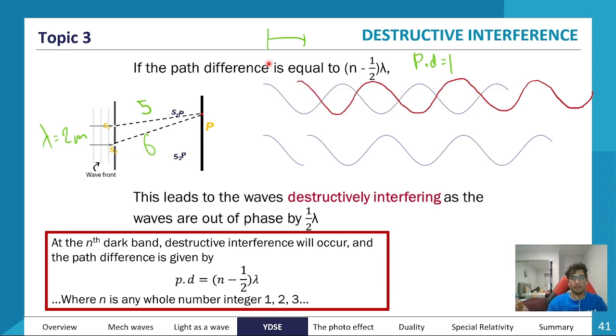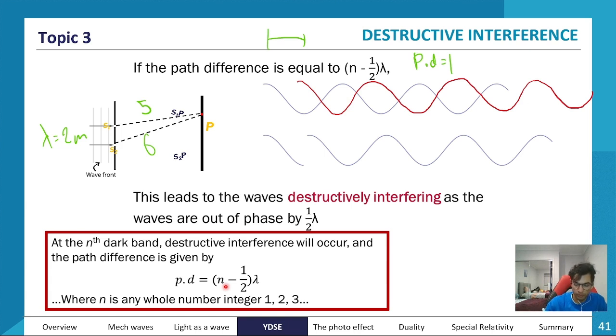Because you have positive, negative, positive, negative, this is going to cancel out, and you're going to get 0, or destructive interference. The formula for this one is path difference is equal to n minus a half. And again, that makes sense because we got a path difference of 1.